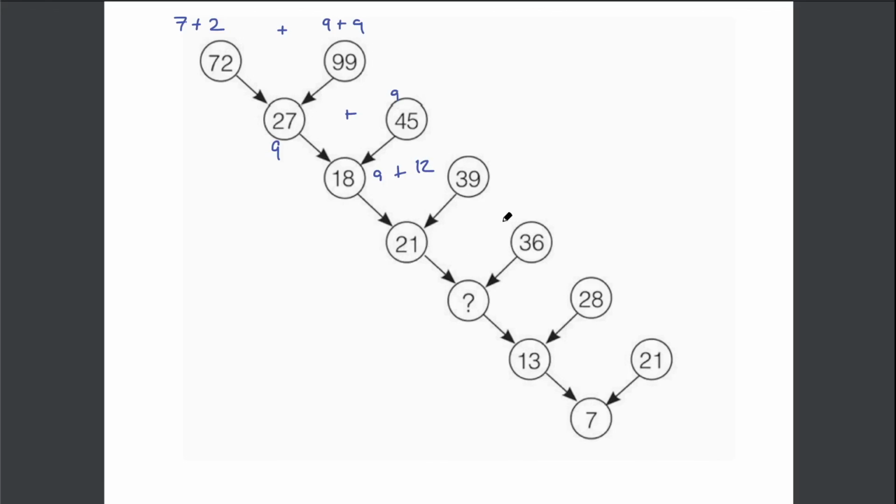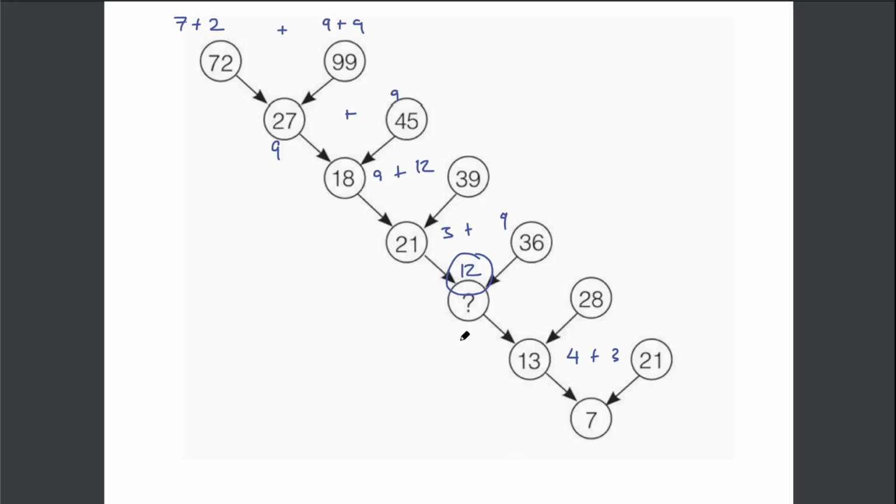So then this one is going to be 9 plus 3 is 12. And this works as well if you keep going. This would be 10 plus 3 is 13, and 4 plus 3 is 7. So that's the actual solution to this problem. It's 12. Well done to those that got it correct.